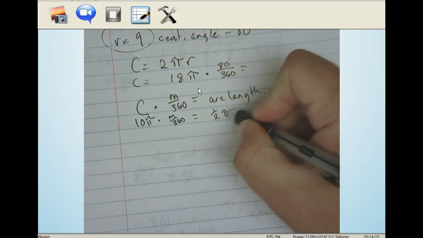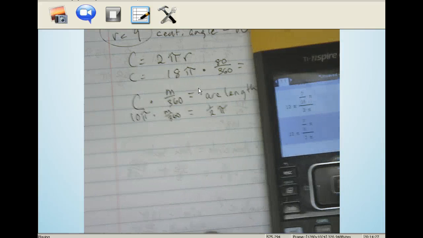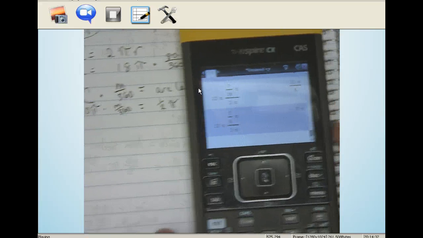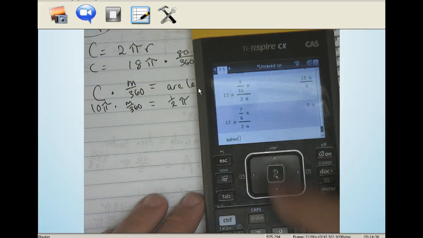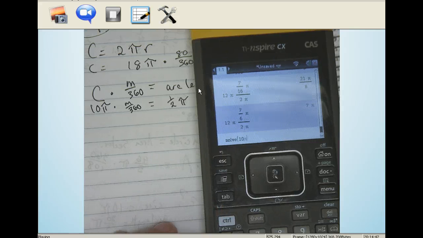To save time, I'm going to use my computer algebra system and let it solve for m. So we'll go menu, algebra 1. We're going to put in this full equation.